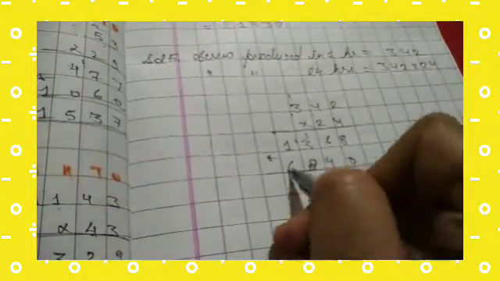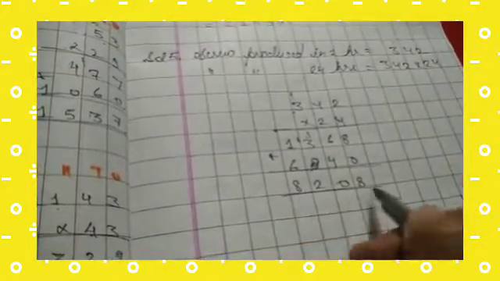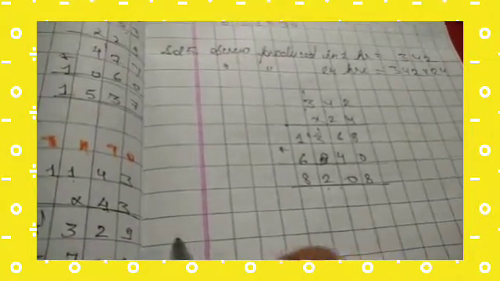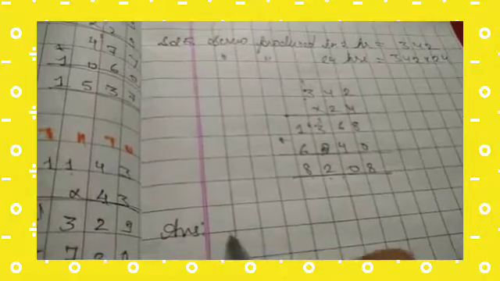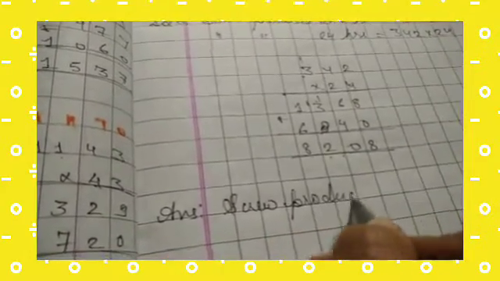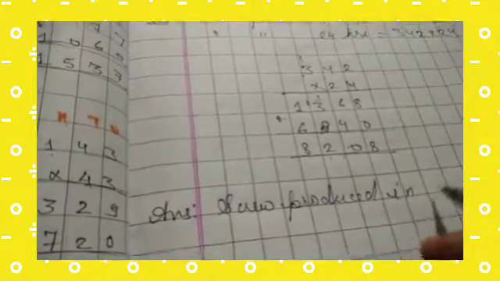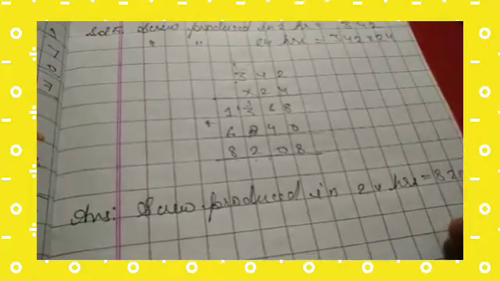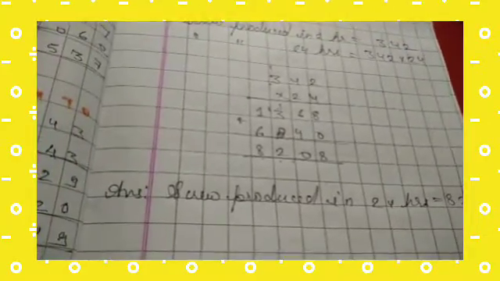So 2 carry 1, 6, 7 and 8. So answer is 8208. So screws produced in 24 hours is equals to 8208. Okay, children? So we have done the exercise.